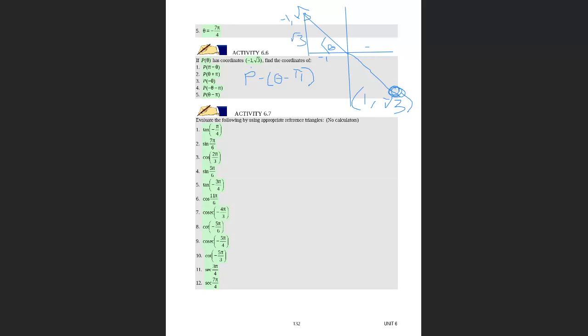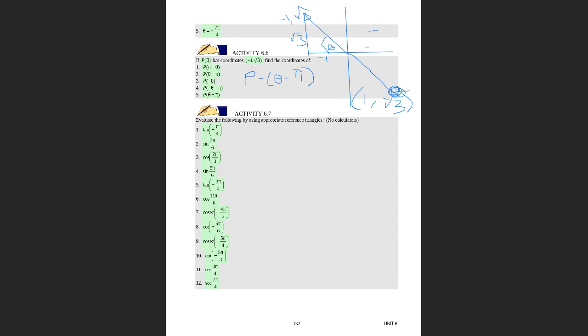It is equal to negative theta minus pi. Here we're having 1 comma negative 3. So once we bring our negative out, we put negative 3.